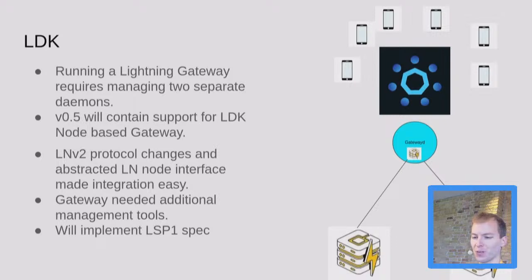We also want to implement the LSP spec, so the end vision for a gateway operator would be not needing to manage liquidity at all, and you could do some interesting things with ecash there as far as how to balance.